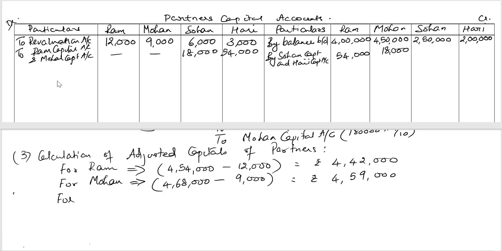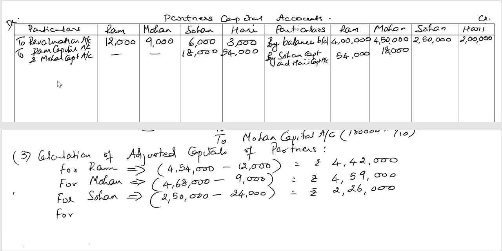For Sohan, credit side total 2,50,000 rupees minus the debit side total 24,000 rupees is 2,26,000 rupees.